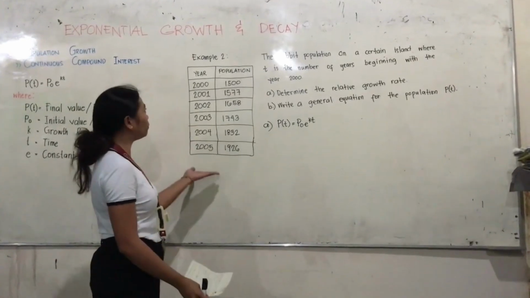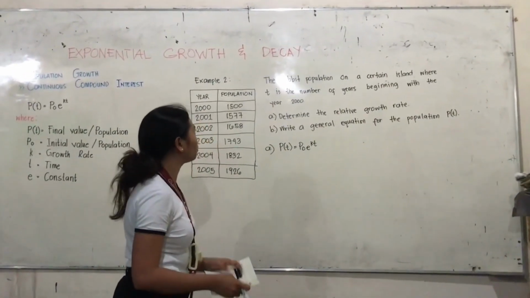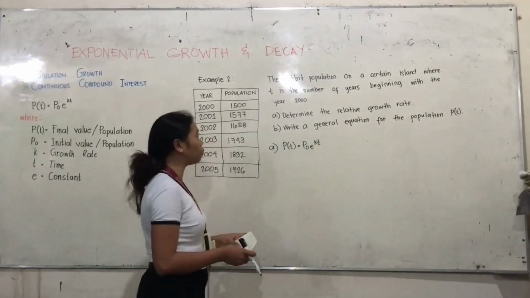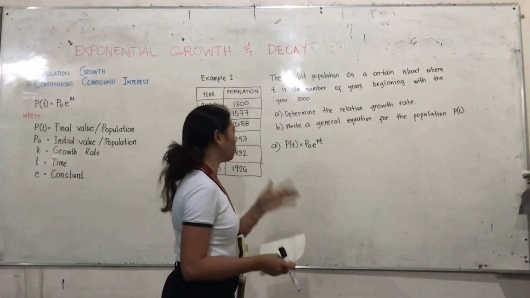So we have here the example number 2. The rabbit population on a certain island, where T is the number of years beginning with the year 2000. Determine the relative growth rate.